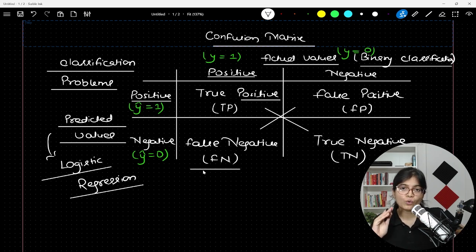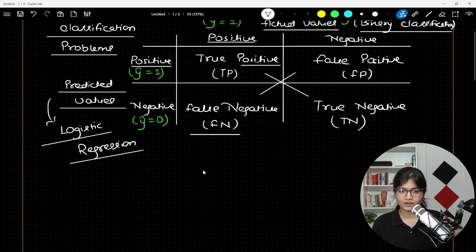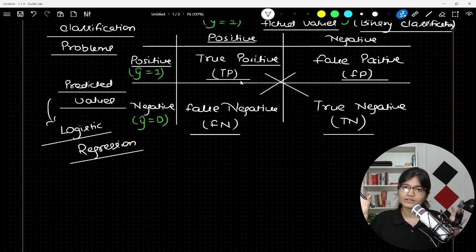So these are the 4 blocks in a confusion matrix, with the help of which you will be able to get the complete intuition behind the different evaluation metrics that we have. First of all, I would again suggest you pause the video and check whether this point is clear. What is true positive? What is true negative? What is false positive? What is false negative?